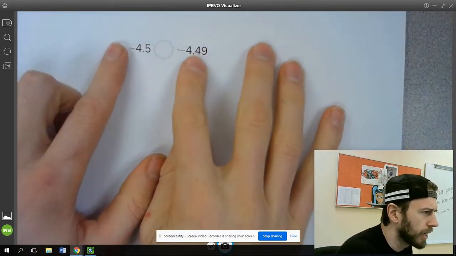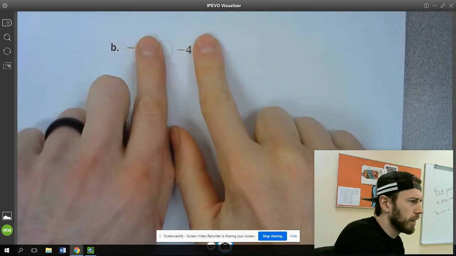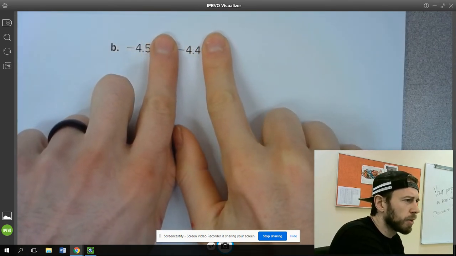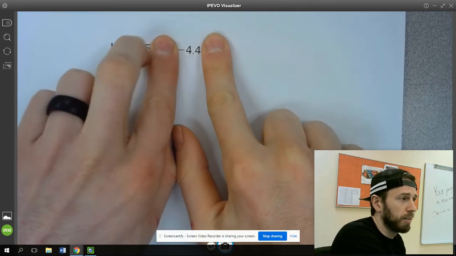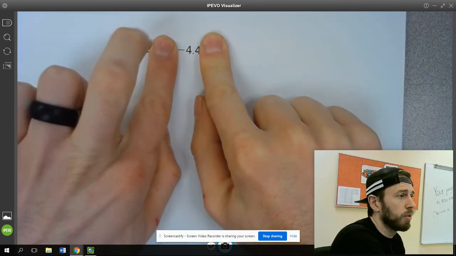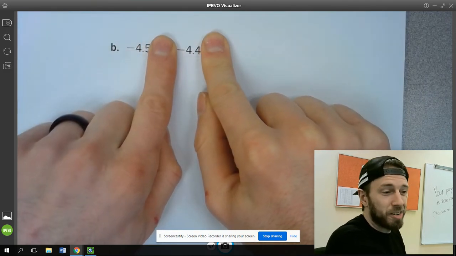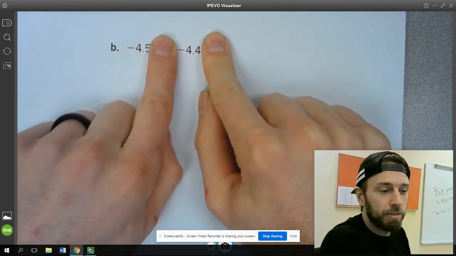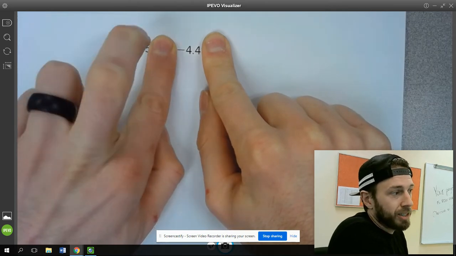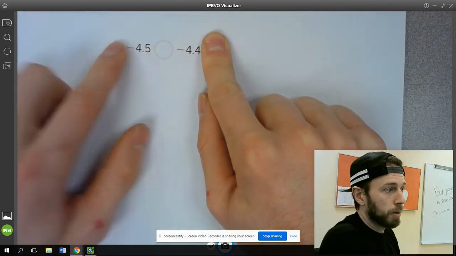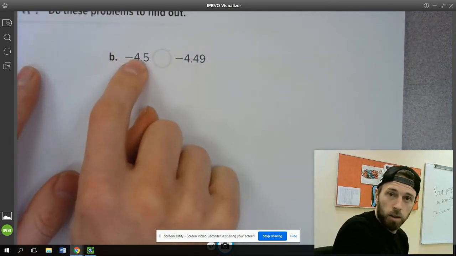So if I was looking at them as positive numbers, I would start and look at the ones place, which is a 4. And now I'd move over to the next place and I would see this one has a 5 and this one has a 4. And I would say, oh, this one's clearly bigger because it has a 5. Remember, these are negative numbers. And with negative numbers, they're the opposite, right? So actually, this one's going to be further away from 0 because it's going to be further down on the number line. So actually, this one is smaller.